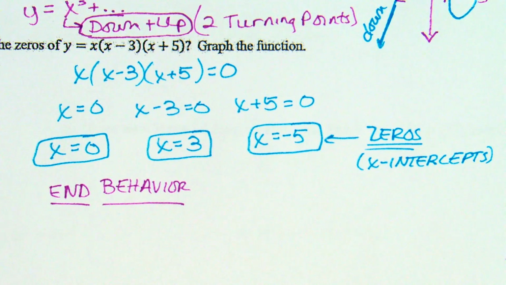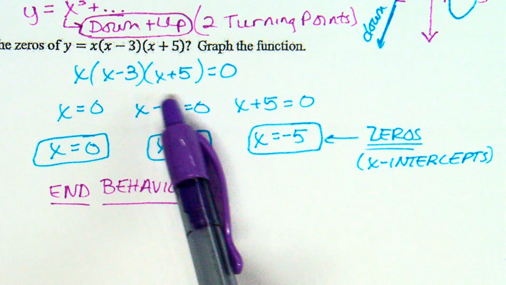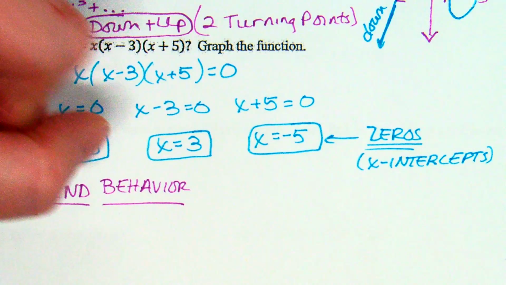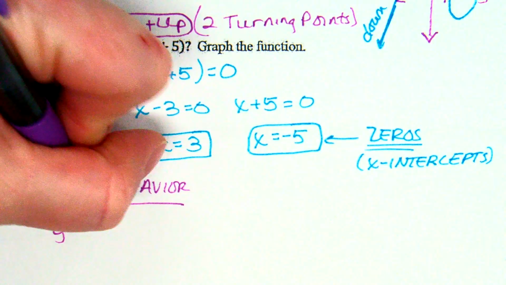I multiply the x times the x times the x. They're all positive x's, so y equals x cubed.